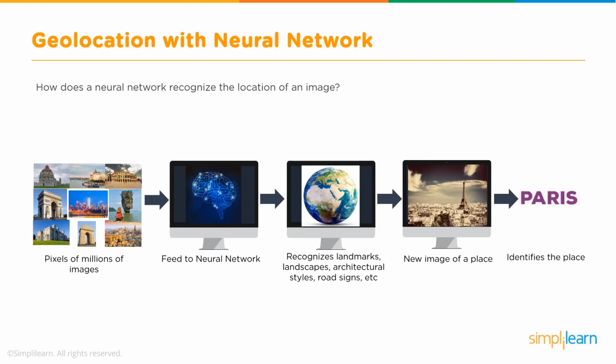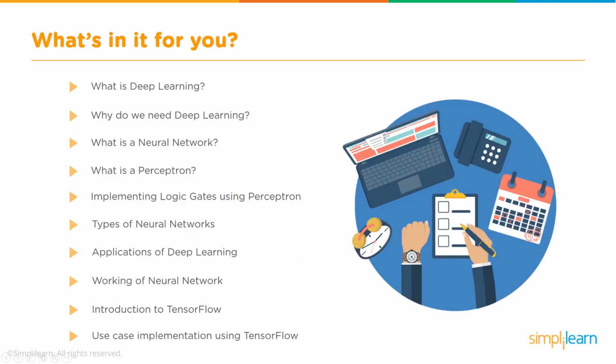Based on this pixel information, it gets trained and is able to recognize and extract the features, and thereby identify these images and their locations. And when you feed a new image, based on the training, it will be able to figure out where this image is from. So that's how it works, a little bit under the hood.